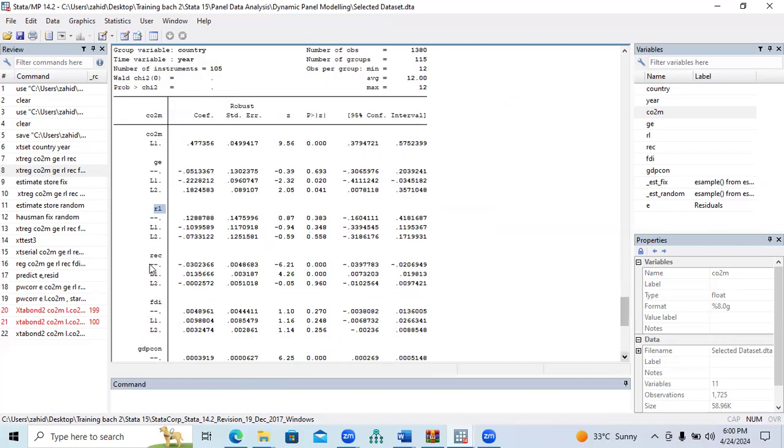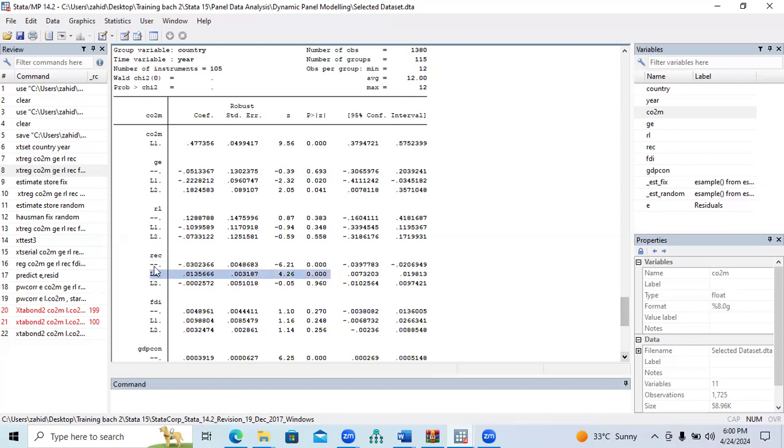REC, if you can see, REC is basically highly significant at level value. It means current value of REC is negatively impacting the dependent variable, which is CO2 emission. Then the first lag value of REC is positively impacting.